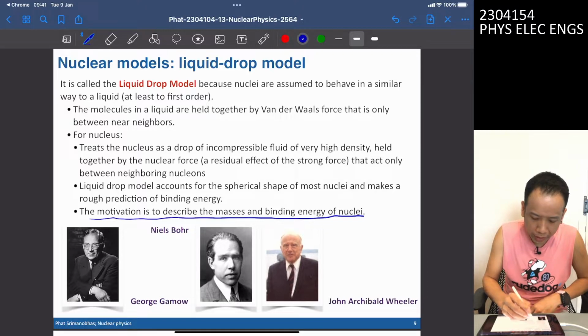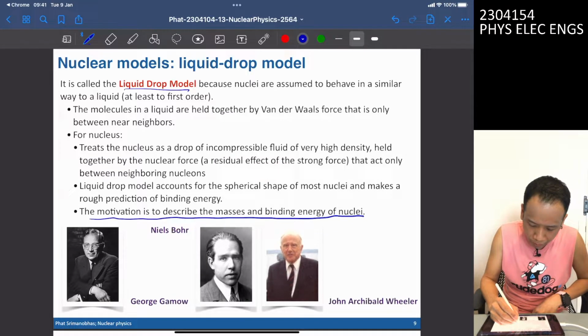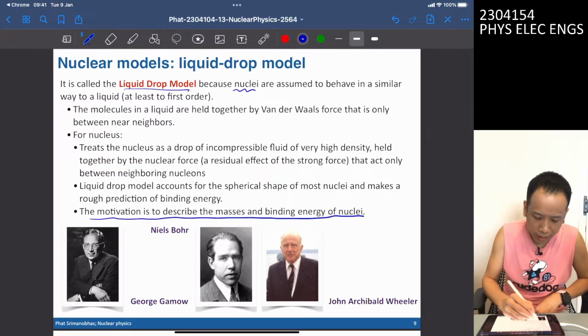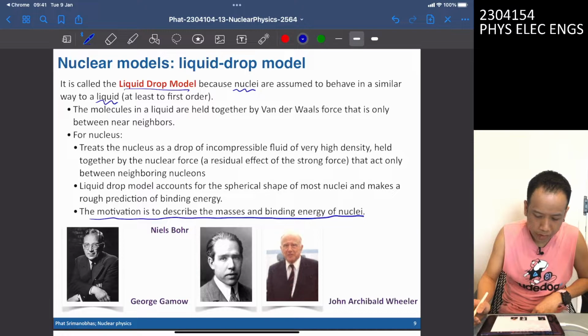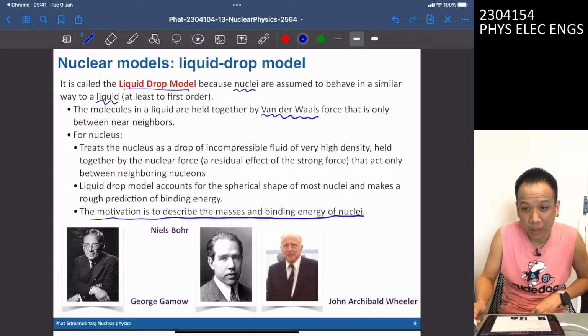So in the liquid drop model, we try to model the nucleus as a liquid drop, a small drop of liquid. In liquids, the molecules are bound together by the van der Waals force. For the nucleus, the nucleons are bound together by the nuclear force, okay.